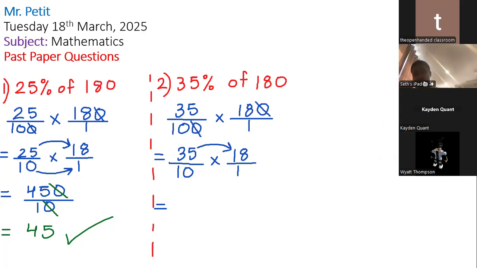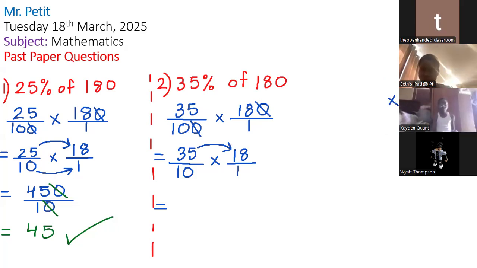So we have to multiply 35 times 18. So let's go ahead and multiply it. So we have 35, right? Multiplied by 18.